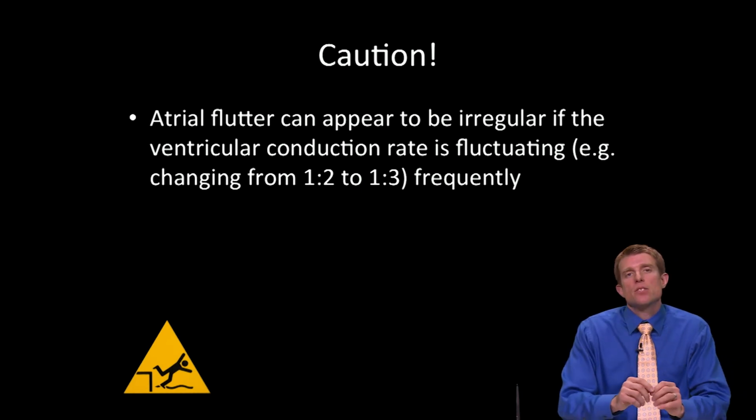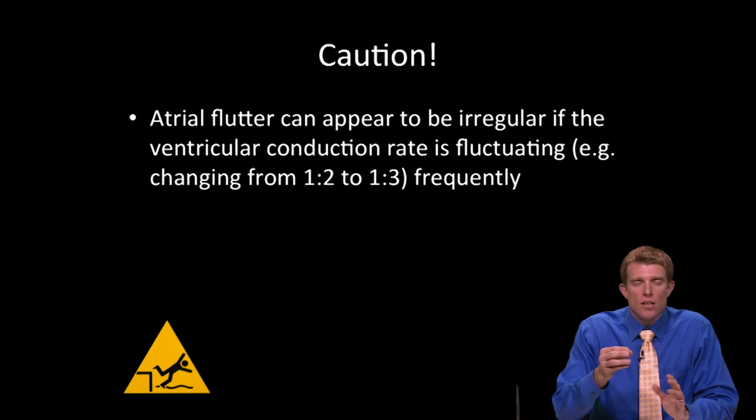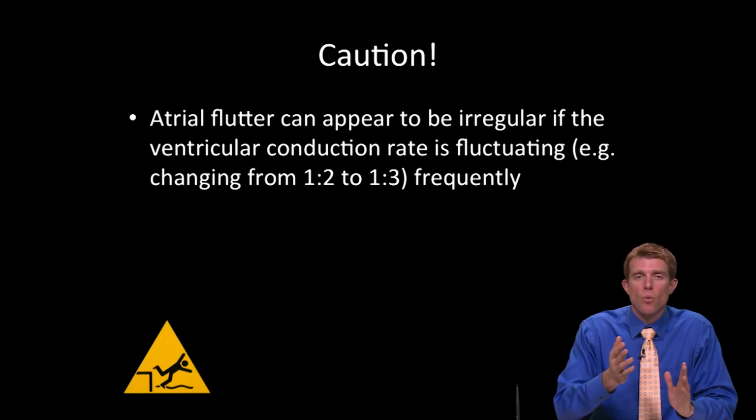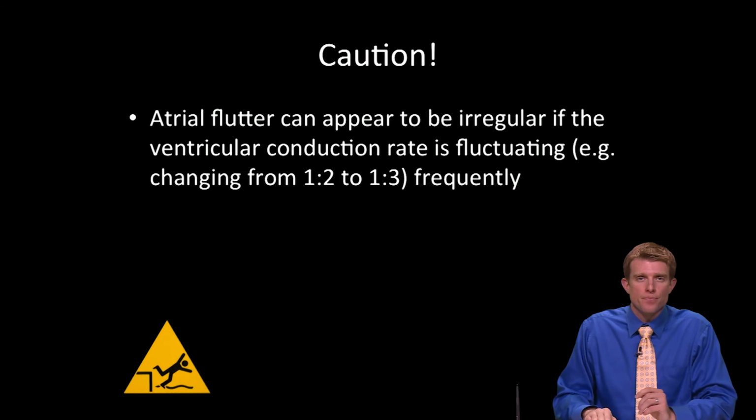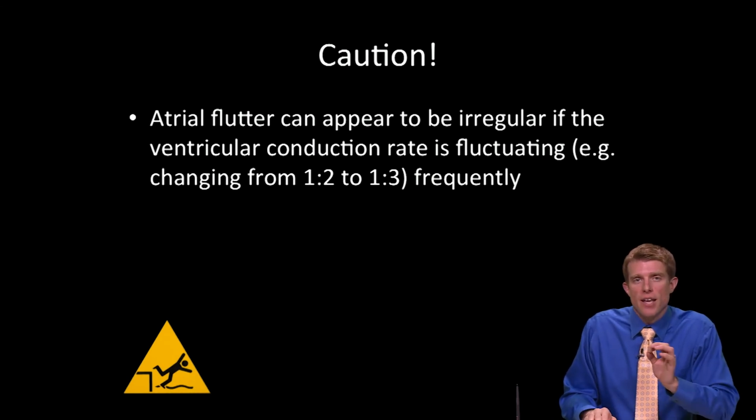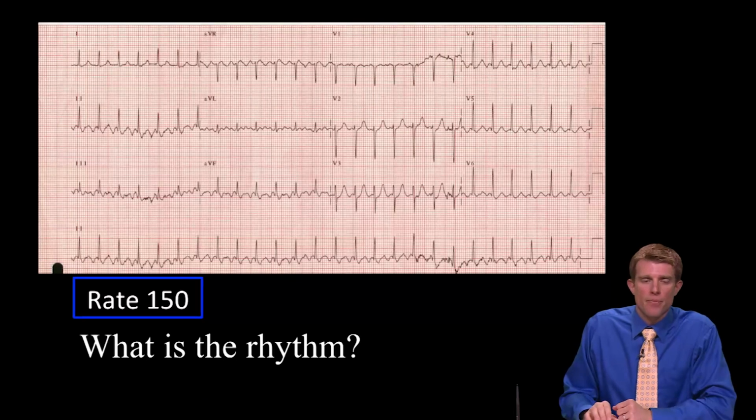That happens when the AV node allows the atrial impulses to fluctuate from a 1-to-2 to a 1-to-3 or 1-to-4 ratio. So although the atrial rate is staying the same, sometimes it's conducting at a 1-to-2 ratio, sometimes 1-to-3, 1-to-4, or some other divisor. So you have to be careful because occasionally it can appear irregular.